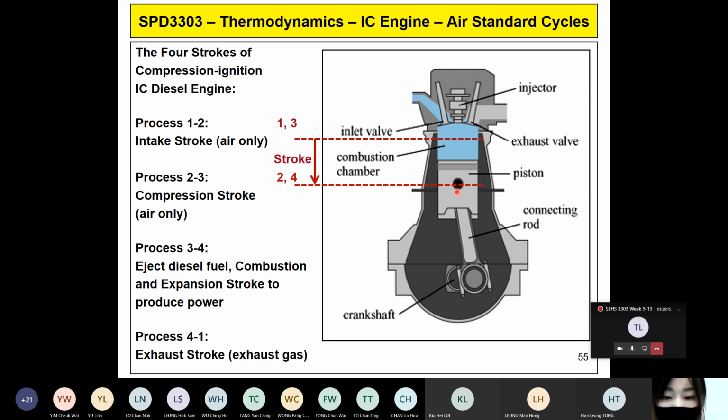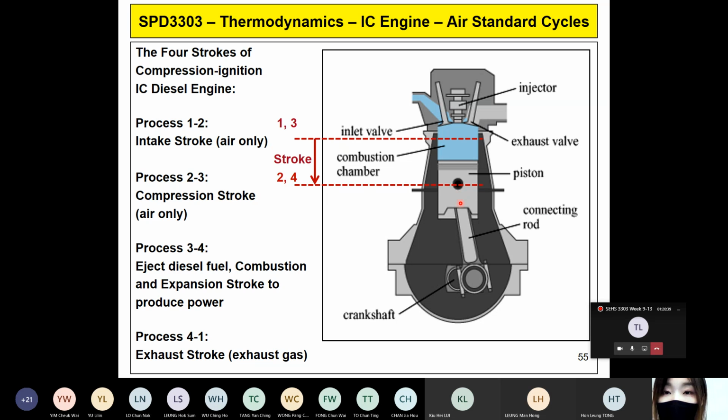Now we start to compress our charge, the air, to increase the temperature and pressure. The piston will give a work input through the crankshaft, connected by the connecting rod.